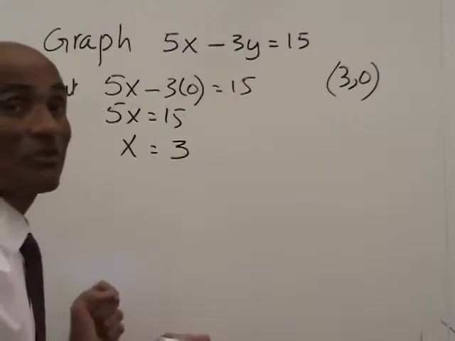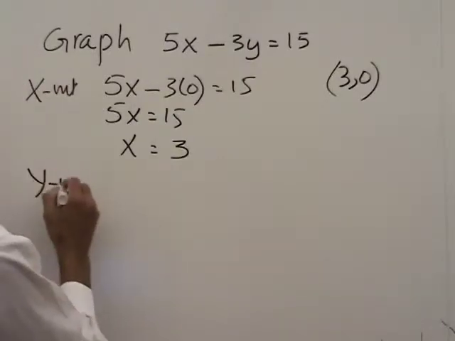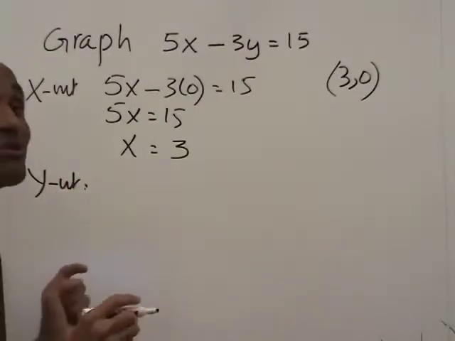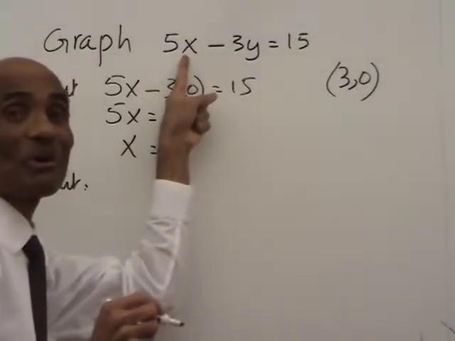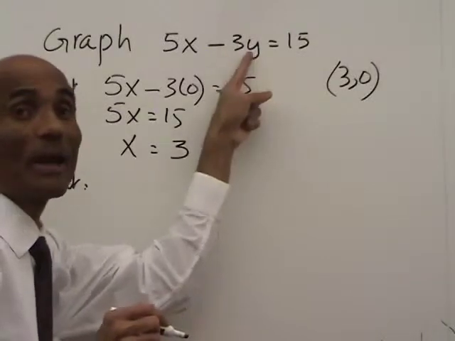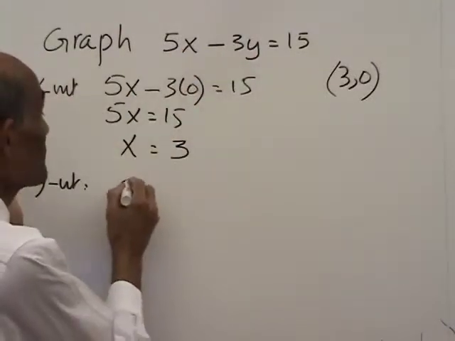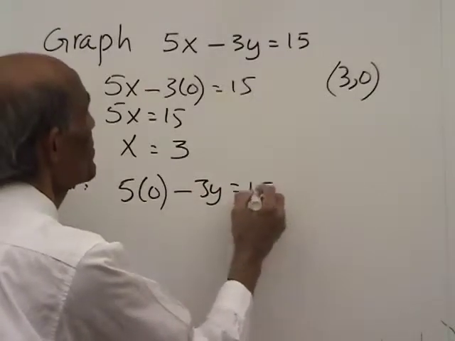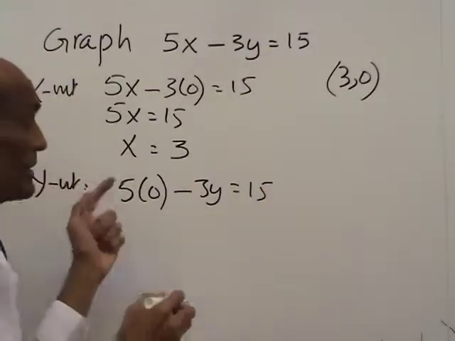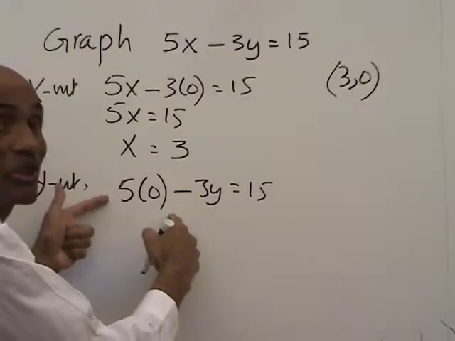Next you find the y-intercept. How do you find the y-intercept? Set x equal to 0 and solve for y. So 5 times 0 minus 3y equal to 15. 5 times 0 is 0.